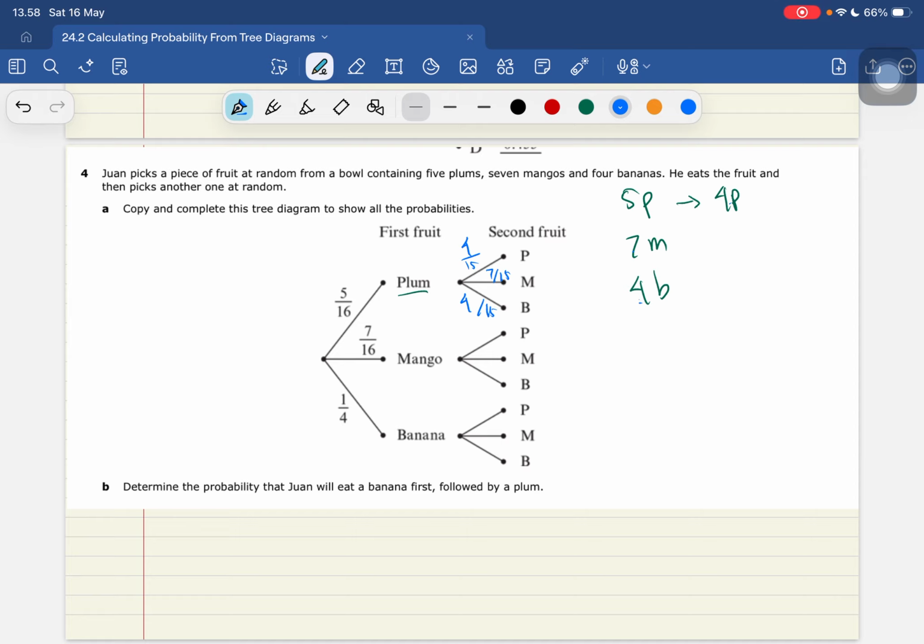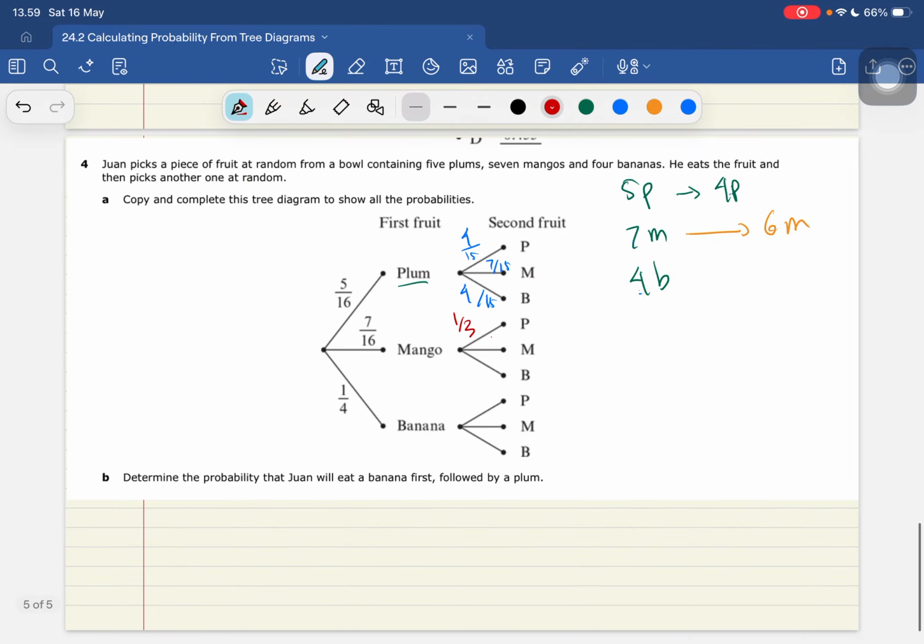If the first is a mango, then the mangoes will become 6. Here still 5. So here is 5/15, or we could simplify to 1/3.